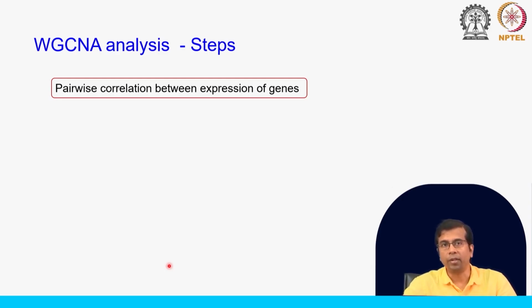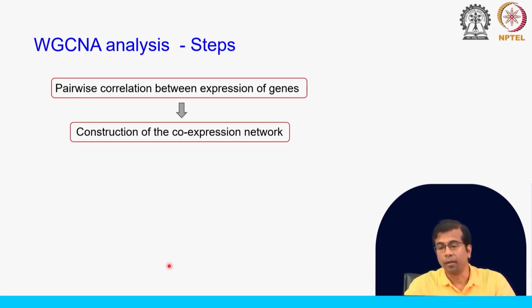Now once we do this pairwise correlation, the next step is the construction of the co-expression network, right. What we get at the end of pairwise correlation is a correlation matrix, and from this correlation matrix we can identify modules. This is a huge data set and very difficult to visualize, but if we could visualize it, we could identify subsets that show very high correlation.